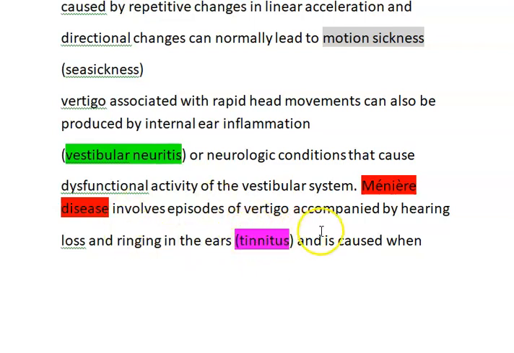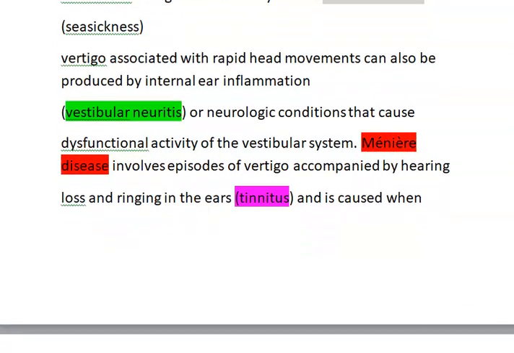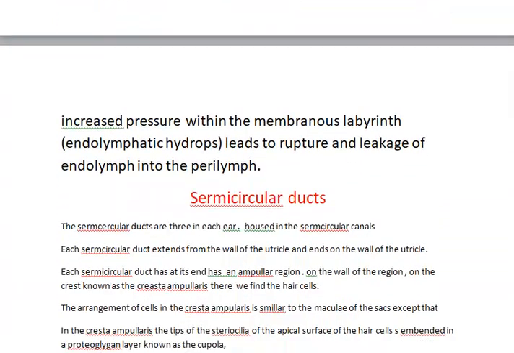This condition entirely is known as Meniere disease. It is caused by increased pressure within the membranous labyrinth, known as endolymphatic hydrops, which leads to rupture and leakage of endolymph into the perilymph.